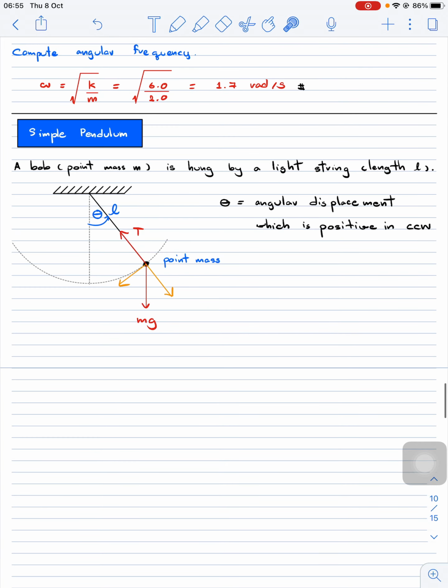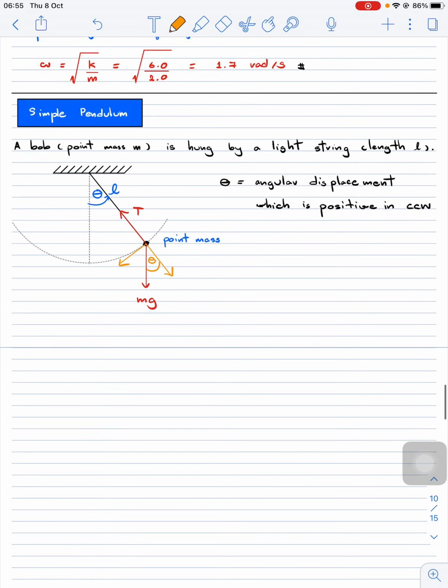We said that these angles equal theta, so this angle must be equal to theta as well. So we have mg times cosine theta in this case. And because these components are perpendicular to each other, we get that this component is equal to mg times sine theta.